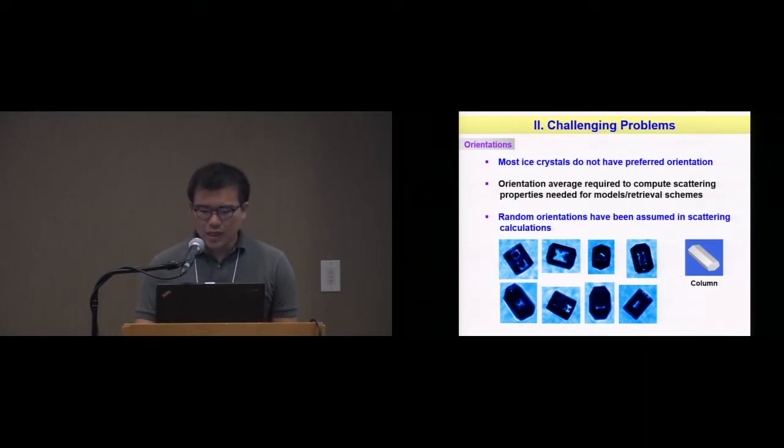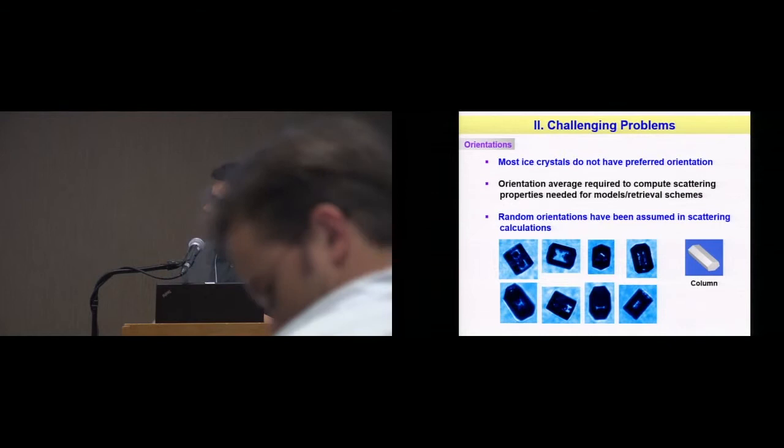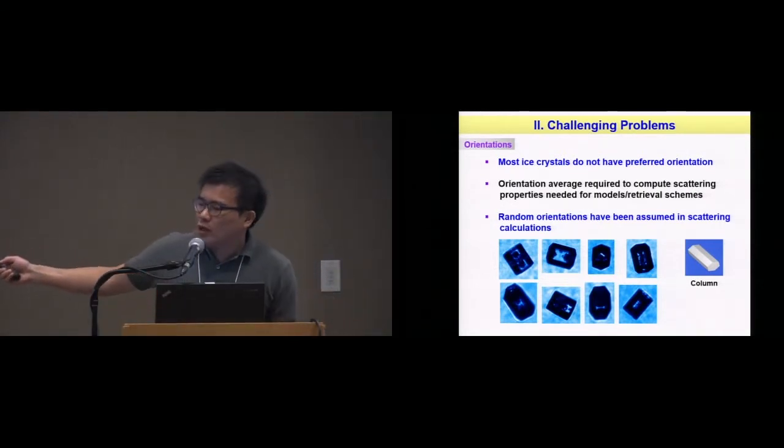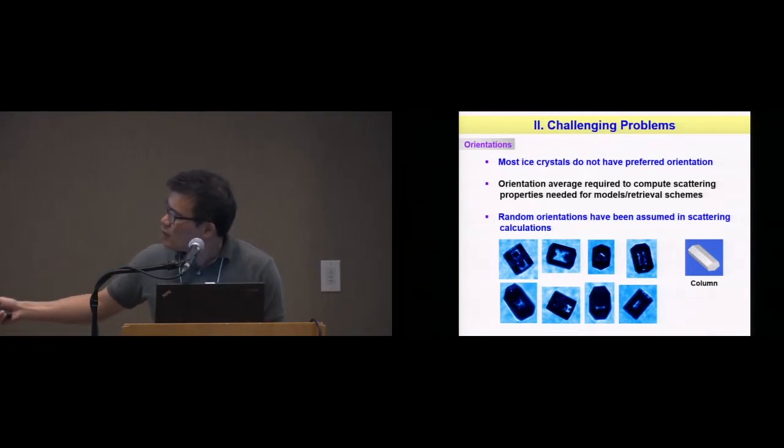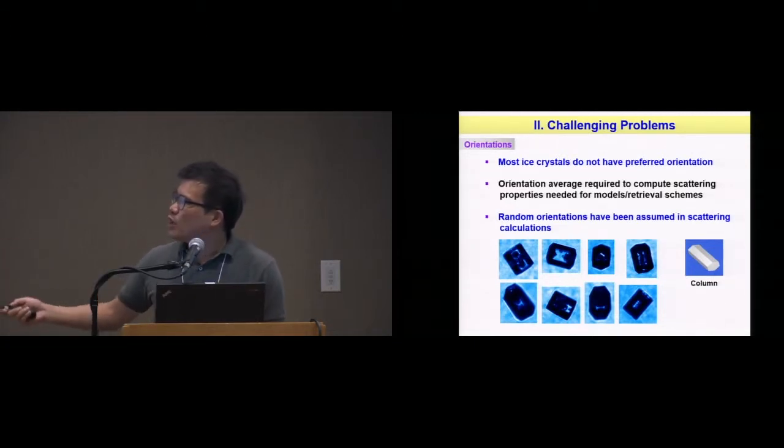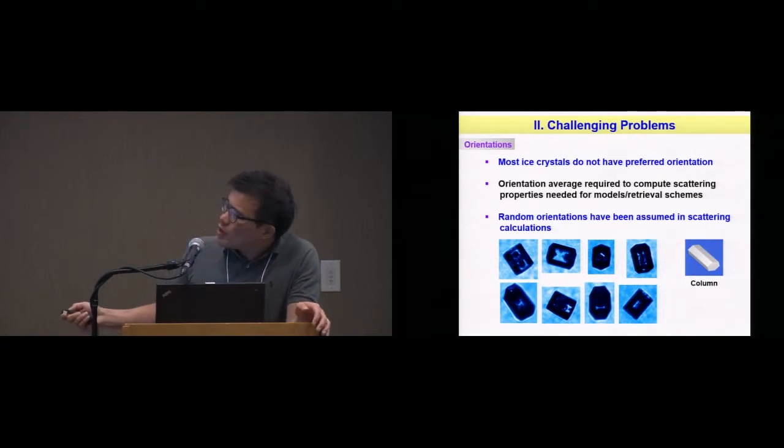For example, here, the right one is one type of ice crystal called column, and this nice figure is real ice crystal images, and it shows various orientations. So we need to calculate these various orientations to get the mean scattering properties.